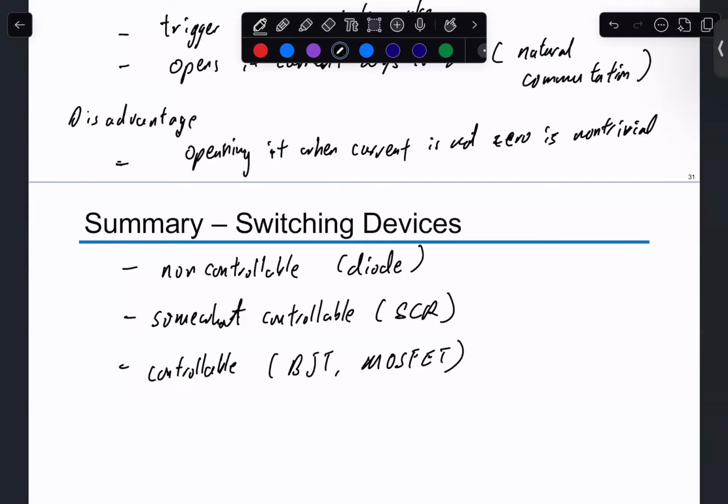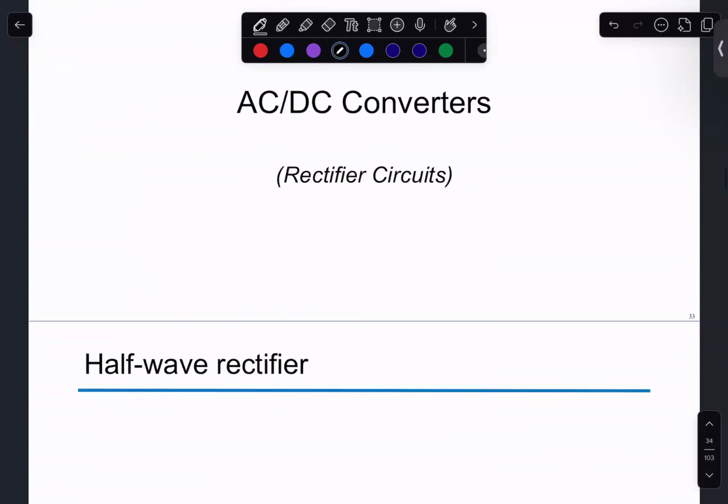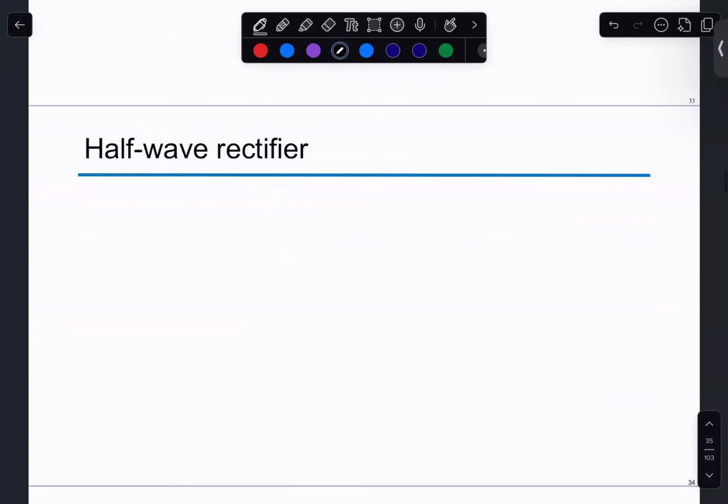Okay. And next we'll look at some circuits. We'll look at AC to DC converters, or these are called rectifier circuits. The simplest rectifier circuit is basically just the AC circuit with a diode in it.